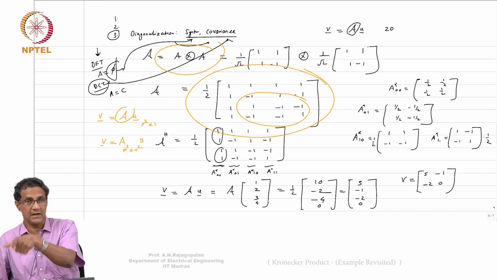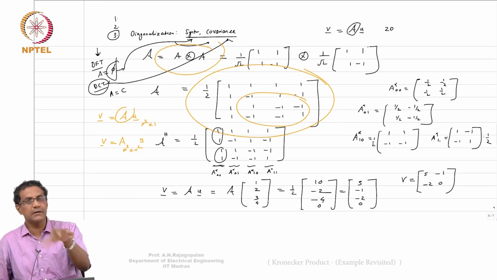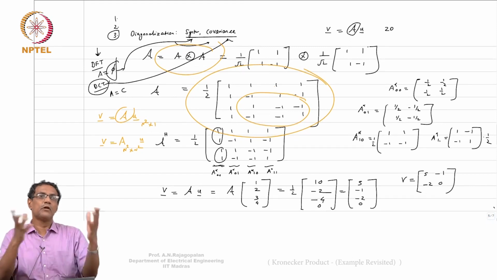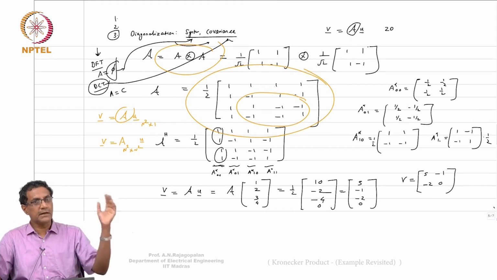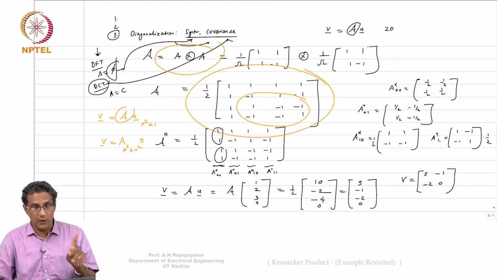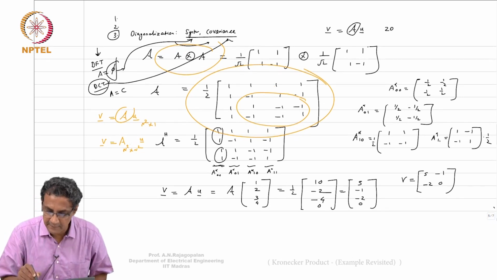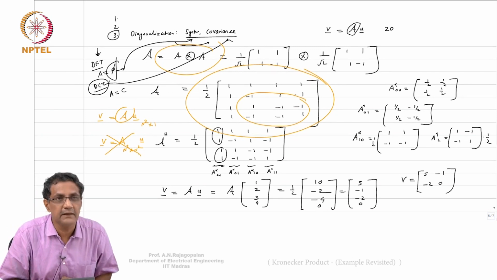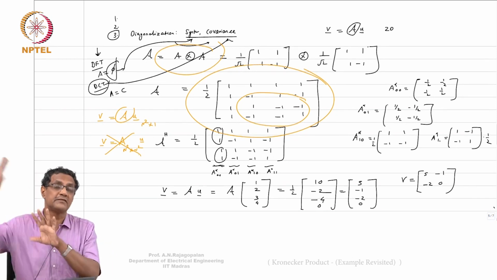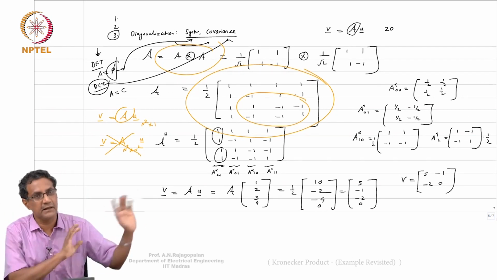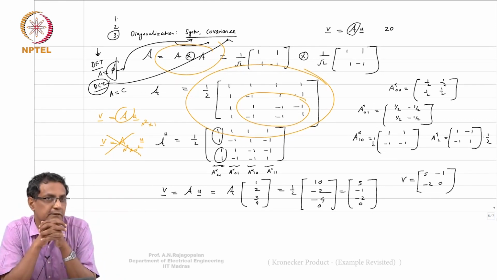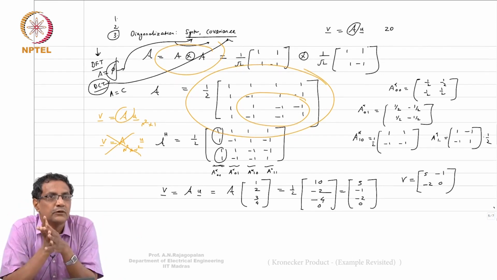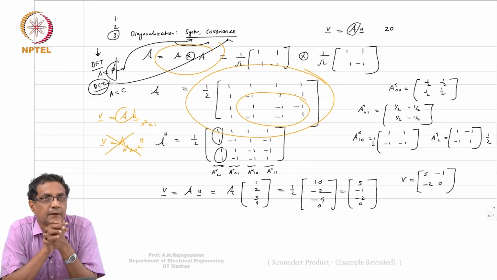Everything sitting here is real. Of course, even here, the moment you go for an A which is 3 cross 3, things can become complex. But the point that I am trying to make is that this is not correct. You can't take a 1D transform and think of U as a 1D signal, start multiplying, and then claim that you have a 2D transform. Then the whole exercise is meaningless. I'll stop here.